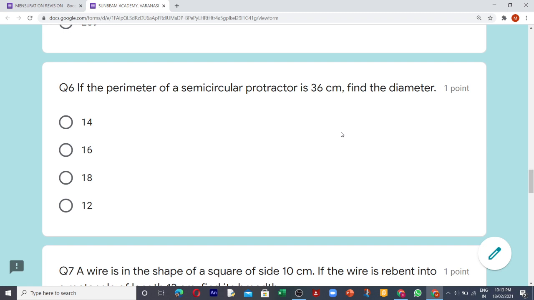Perimeter of a semicircular protector is given. You have to find the diameter. Sixth question. Do it fast, children. The answer will be in centimeter. 14 centimeter, 16, 18, 12 centimeter, whatever.